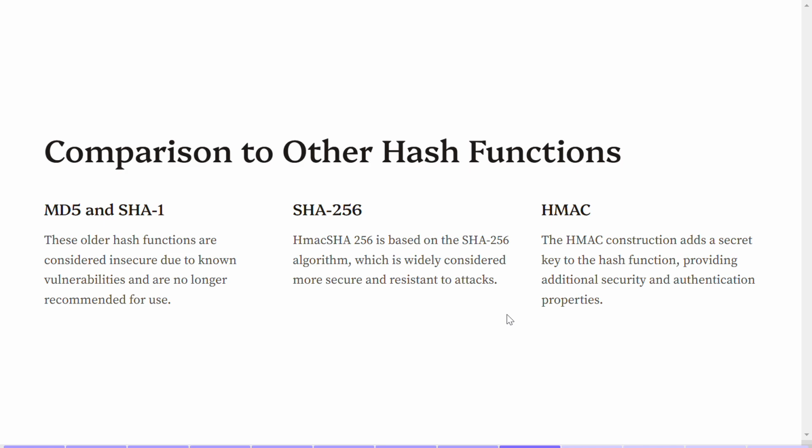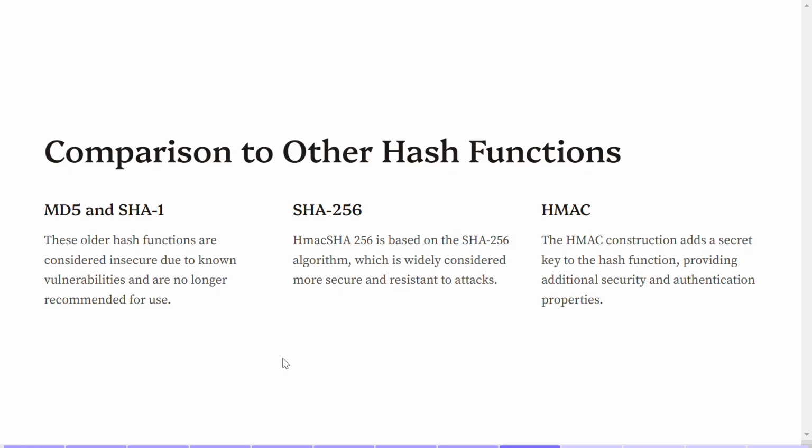Okay, these are all the different types of other hashing algorithms. In this video we discussed the SHA-256 algorithm. 256 is nothing but bits; it can store 256 bits. And MD5 is an older version before HMAC SHA-256 or SHA-512.